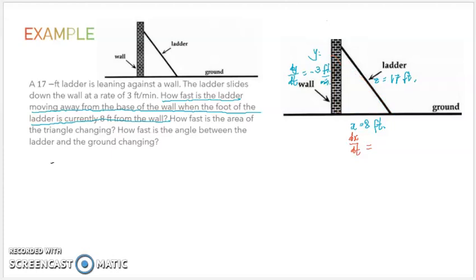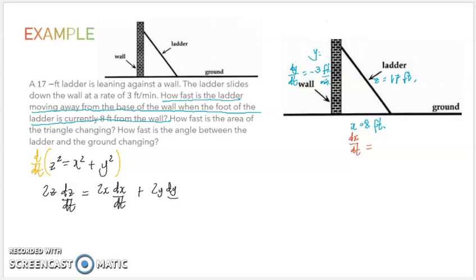So we have z squared is equal to x squared plus y squared. And this is what we are going to differentiate with respect to time. So we have 2z dz/dt is equal to 2x dx/dt plus 2y dy/dt.